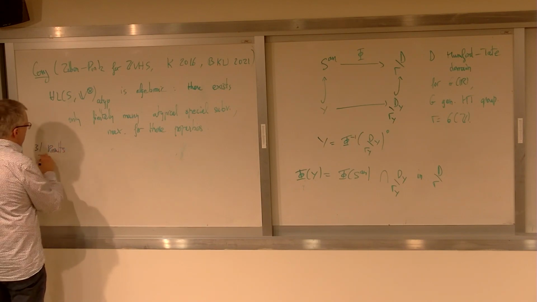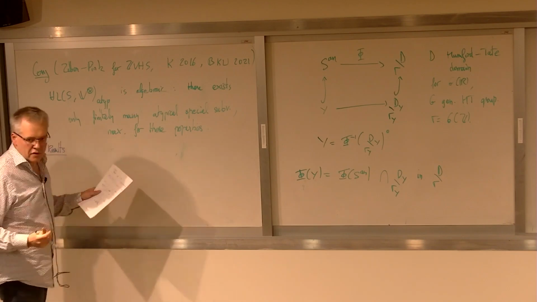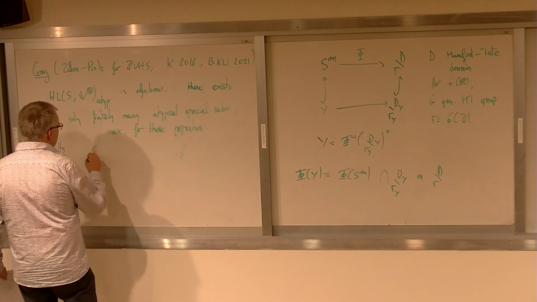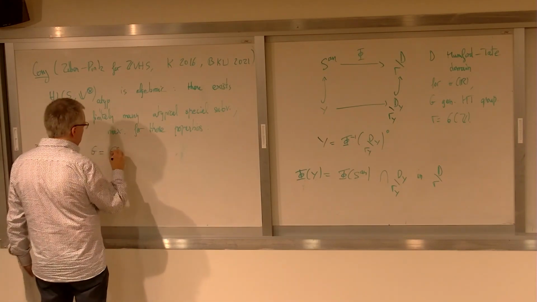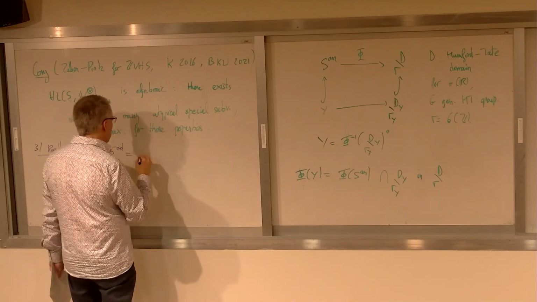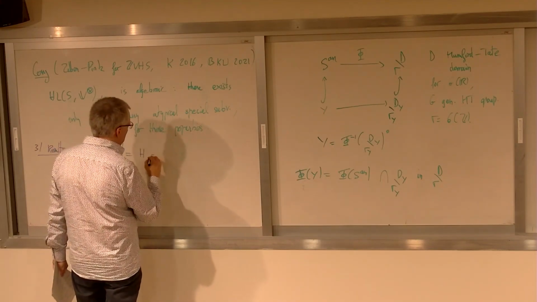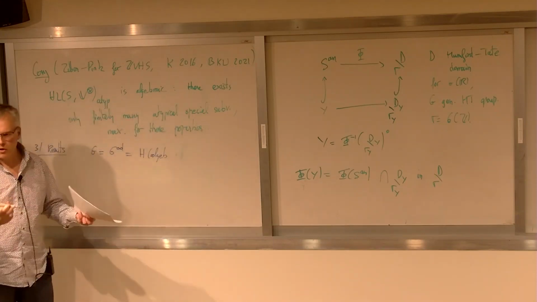So for stating the results, I will make an assumption in order to simplify the statements. I will assume that the adjoint Hodge group of my variation is adjoint, and also equal to the algebraic monodromy group. So you have a local system, it has a monodromy, you take the Zariski closure of that thing.